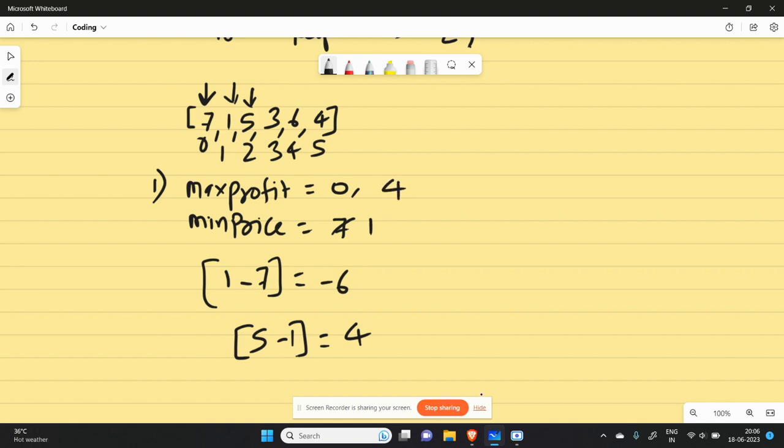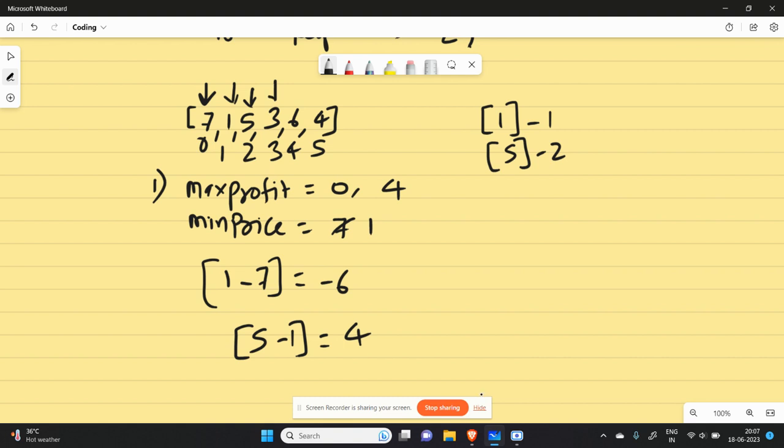Now max profit is 4, which you can logically see also: I will buy at 1 rupee on day one, and sell at 5 rupees on day two. That makes sense. Up to this point, the stock price is 5, and we can't choose this as the min price, because this is not the minimum value of the stock, so the min price would remain the same, 1.